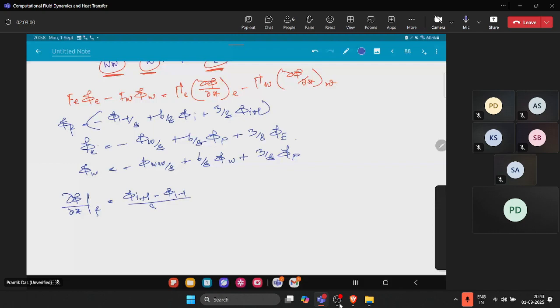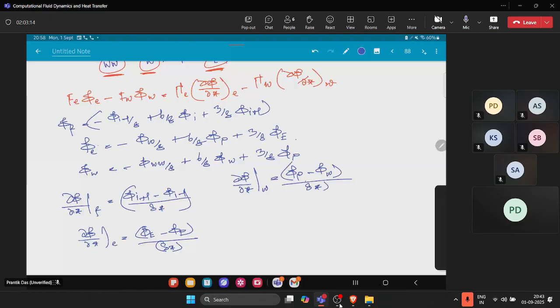For d phi dx at small w, since the derivative we are finding follows the central difference formula, we can directly use that in our case. So the equation becomes Fe times 6 by 8 phi P plus 3 by 8 phi E minus phi W by 8, minus Fw times 6 by 8 phi W plus 3 by 8 phi P minus phi WW divided by 8.